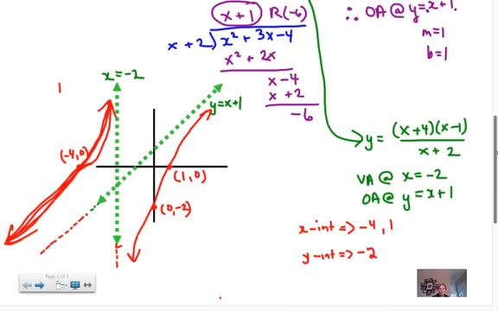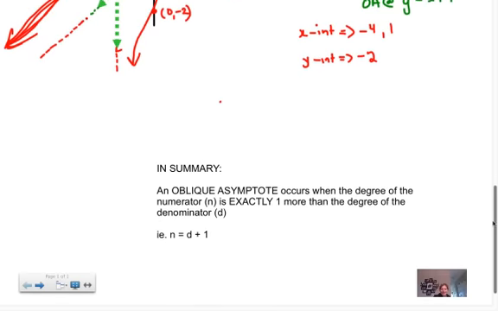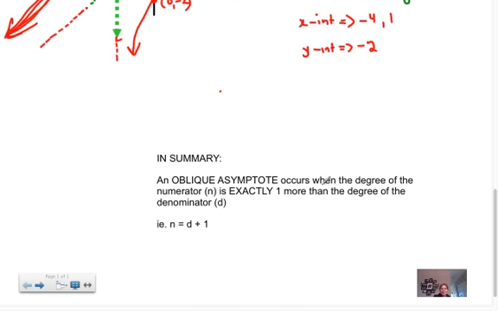Okay, so how do I know that a rational function is going to have an oblique asymptote? Well, in summary, an oblique asymptote occurs when the degree in the numerator is exactly one more than the degree in the denominator. That is, the numerator degree is the denominator degree plus 1.